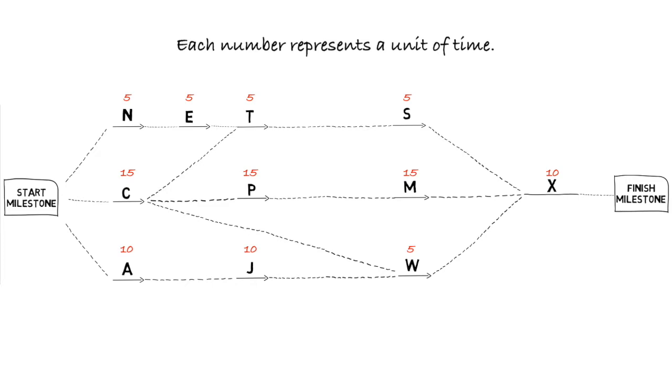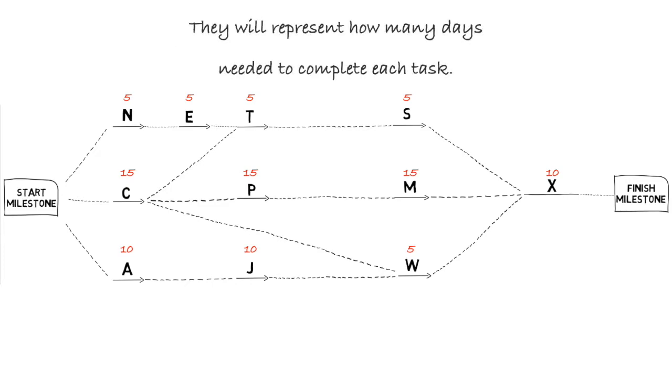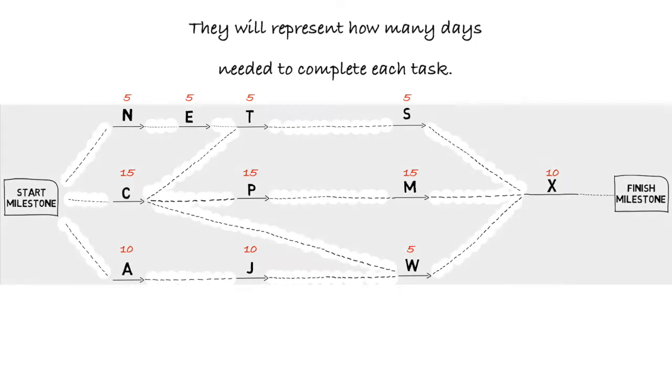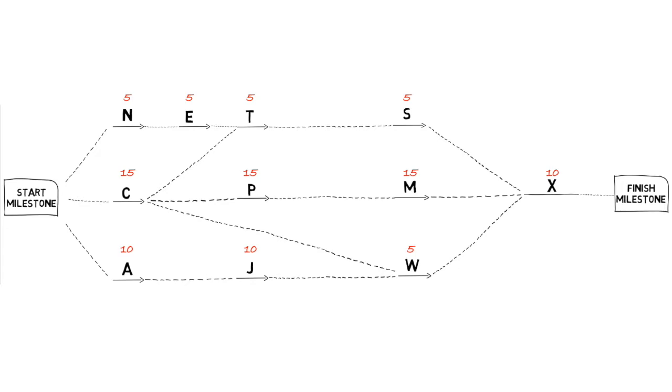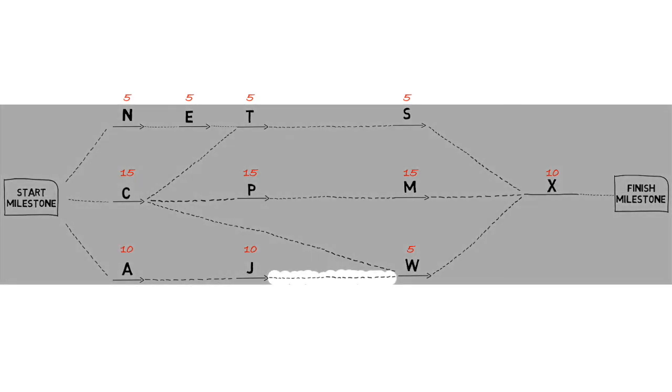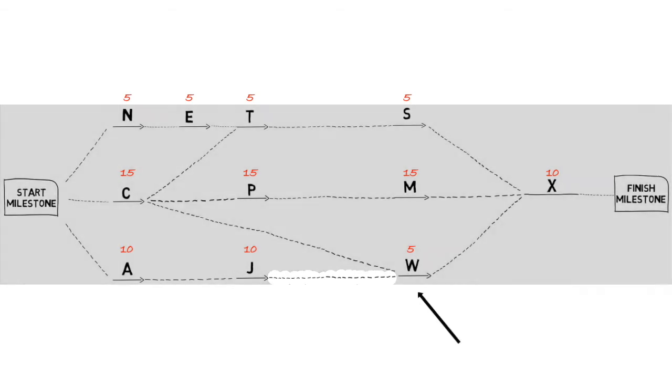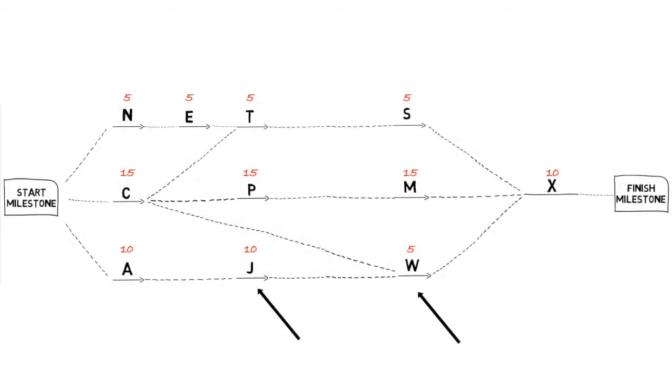For our purposes today, let's just say that they are in days to keep things simple. And the dotted lines represent the logic restraint. Logic restraint simply means the dotted line prevents something from proceeding until the prior activity or multiple activities are completed.